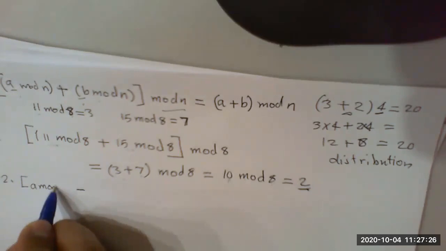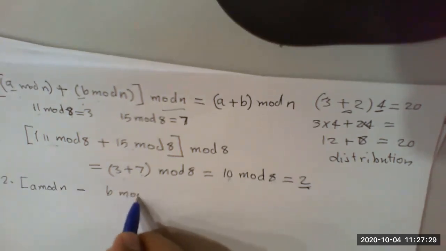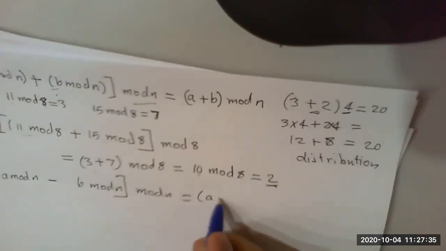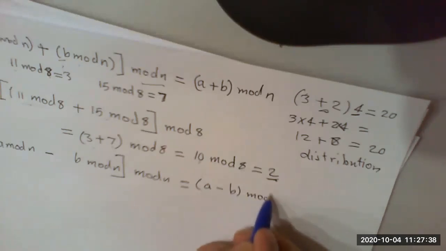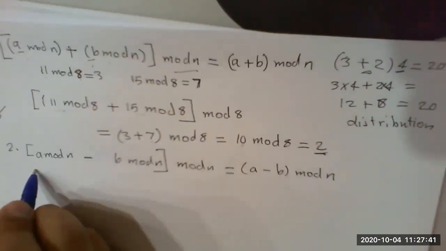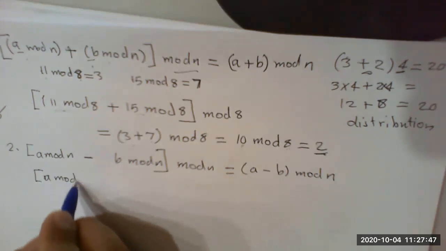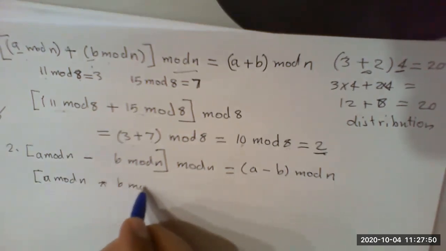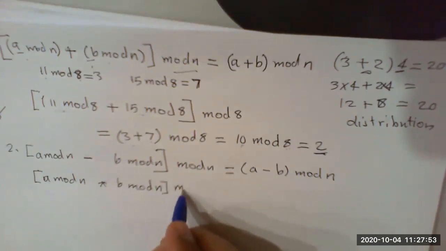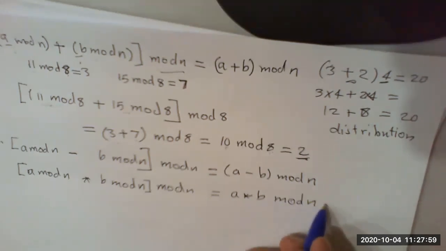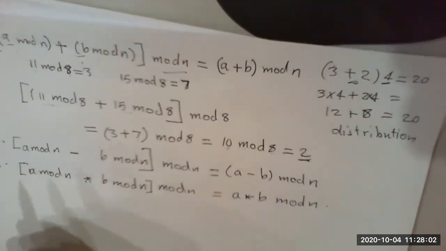A mod N minus B mod N, all mod N, is the same as A minus B mod N. And for multiplication too, A mod N multiplied by B mod N, all mod N, is the same as A multiplied by B mod N. These are the 3 properties that I want to tell you. If you open the slides, you can find an example for each case. It's very straightforward, no problem in it.